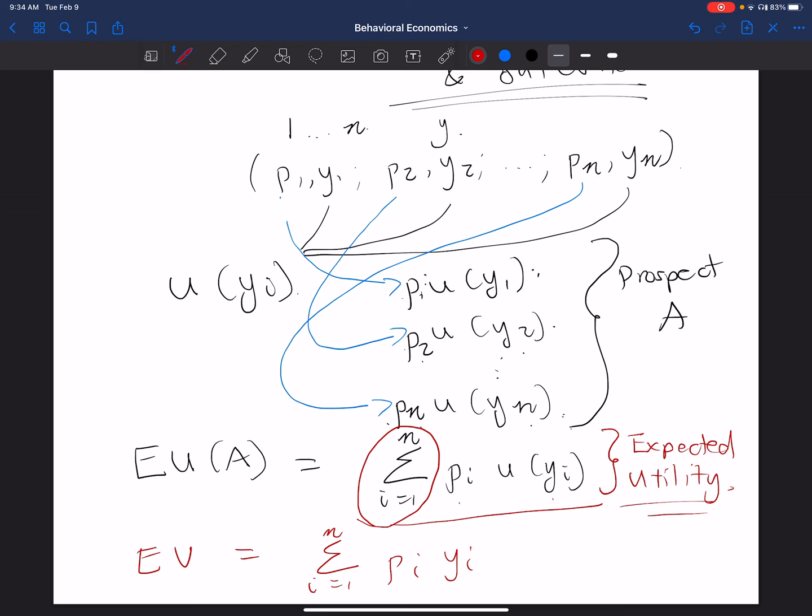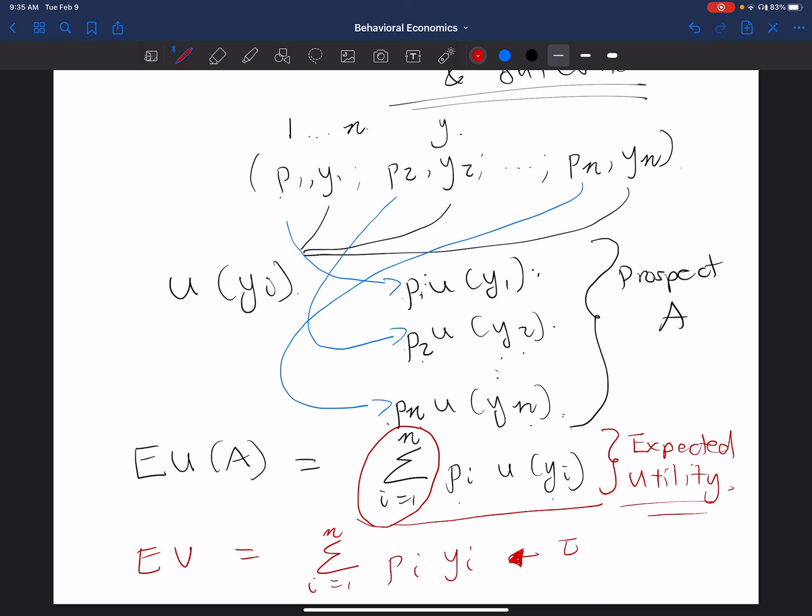Imagine you had two outcomes, getting $50 or £50 and getting £0, and each occurs with 50% probability, so 0.5. 0.5 times 50 is 25. 0.5 times 0 is 0. 25 plus 0 is 25. That would be the expected value. So that's just talking about money terms.